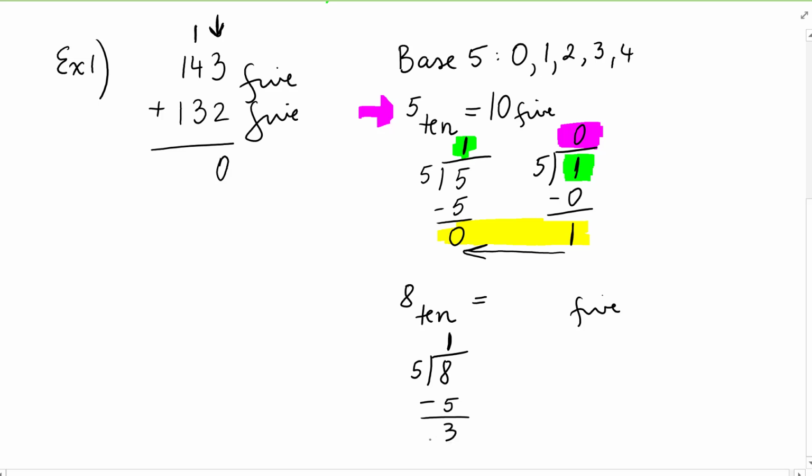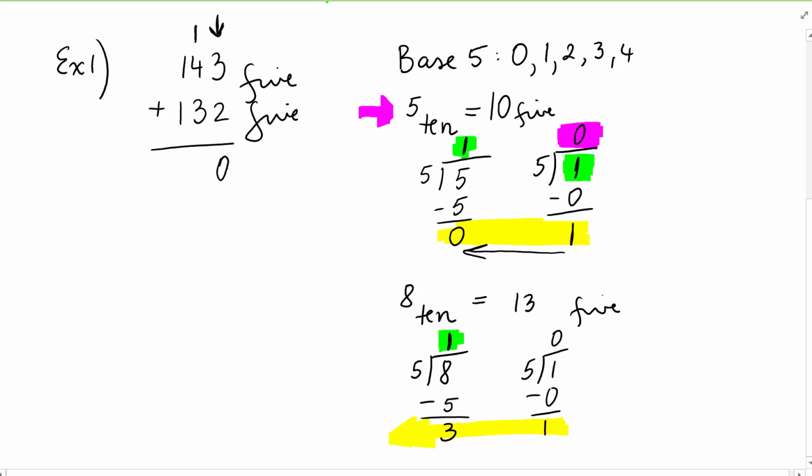Subtract, we get remainder 3. Now we take this 1, the quotient that we got, and we divide it by 5 again. So 5 into 1 goes 0 times. 0 times 5 is 0. Subtract, remainder 1. So now we copy the remainders from right to left. So 8 in base 10 is actually 1, 3 in base 5.